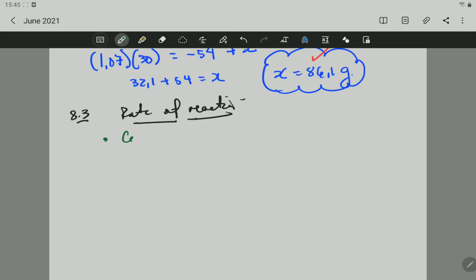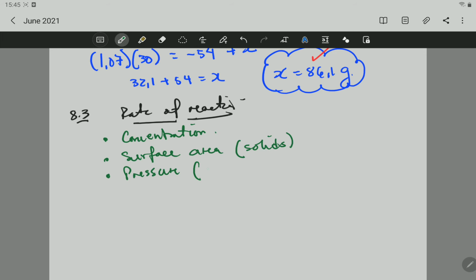So first of all, concentration. Second, surface area. Remember, this is only for solids. Third, pressure. This is only for gases.